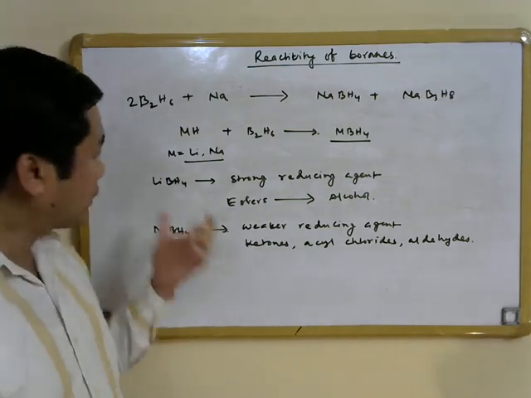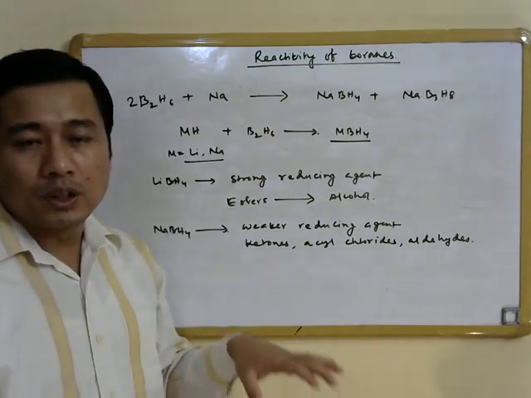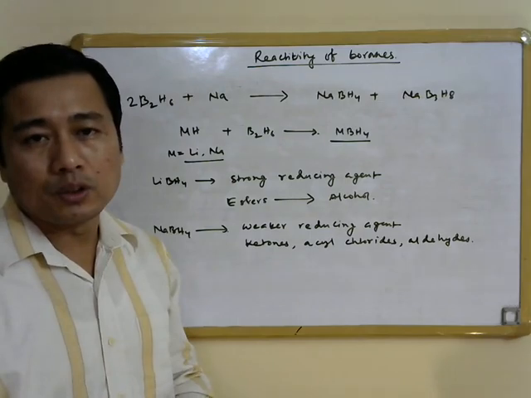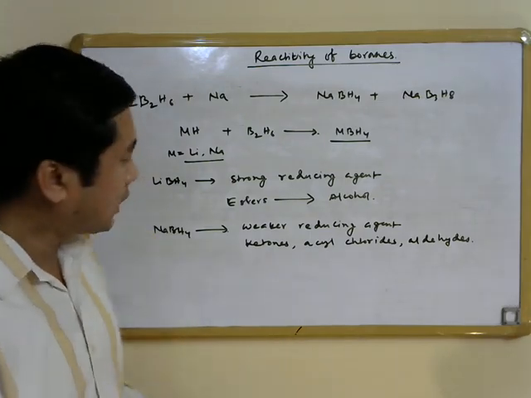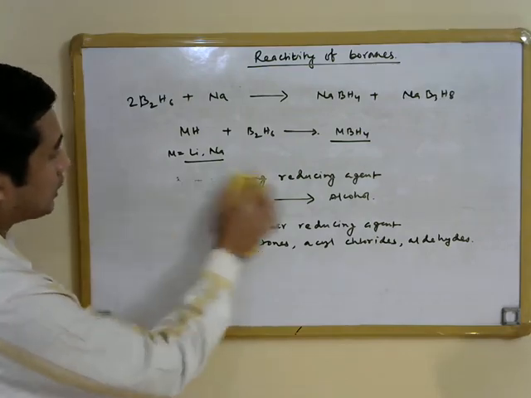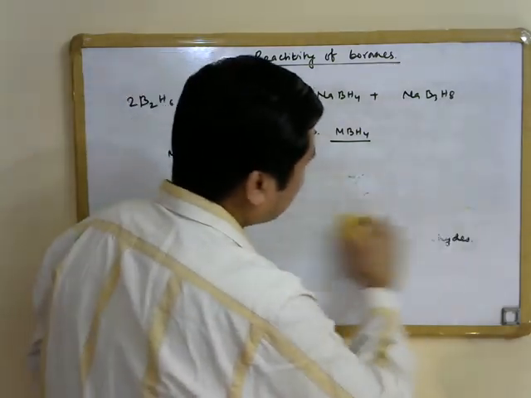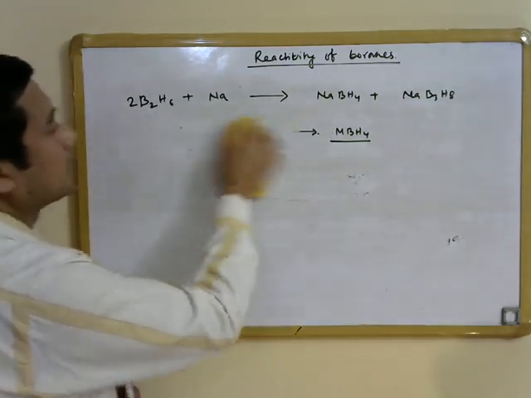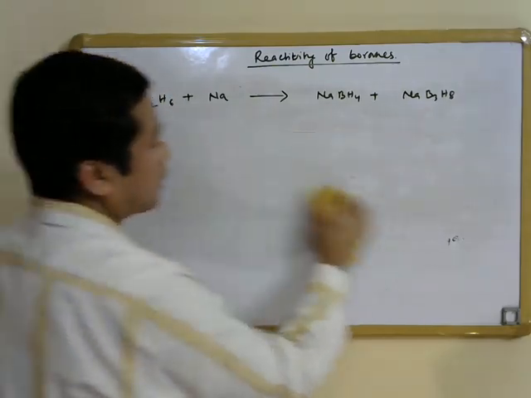The same is not true for lithium borohydride, because it is going to interfere with other functional groups present in the substrate, and that is why this chemoselective reduction by sodium borohydride is quite useful in organic synthesis.